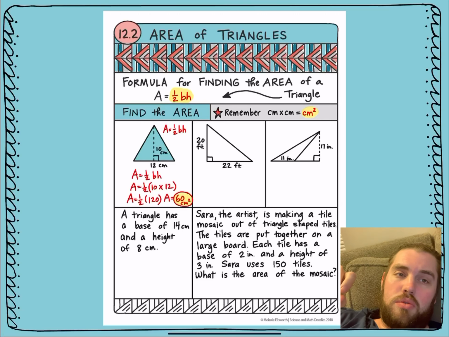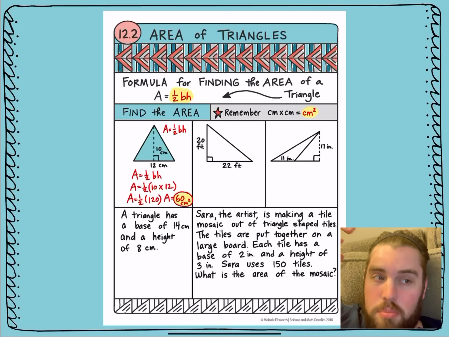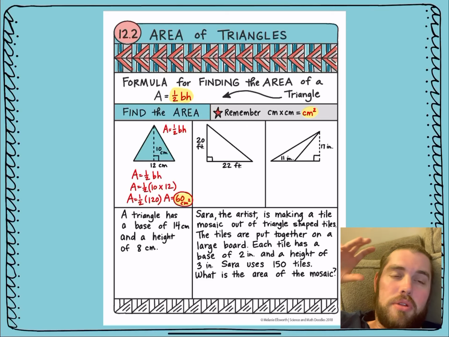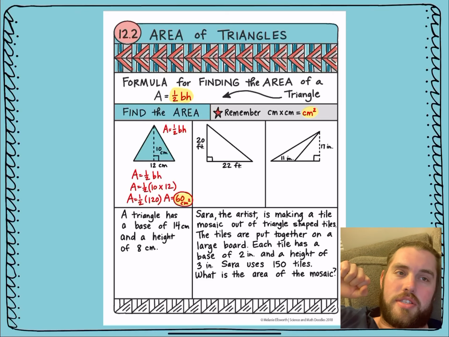So 120 divided by 2 gives me 60 centimeters squared. I took the base of 12 times the height of 10, I got 120, and then I divided by 2 and got 60 centimeters squared. So you just have to plug it in. That's all we do. We just plug in numbers to figure this out.